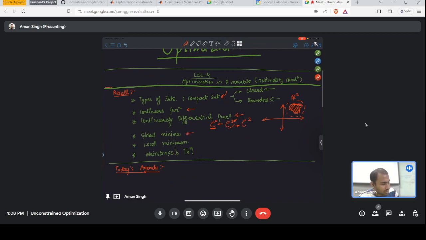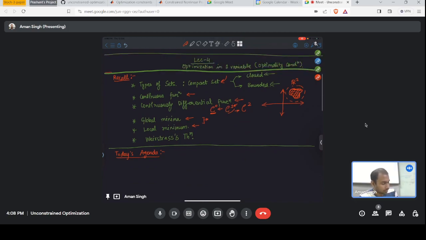Then we also defined in the last lecture what is a global minima, and what is a local minima, and the difference between these two. A local minima is a point x star for which f of x star is smaller than or equal to f of x, for all x belonging to some neighborhood of x star.